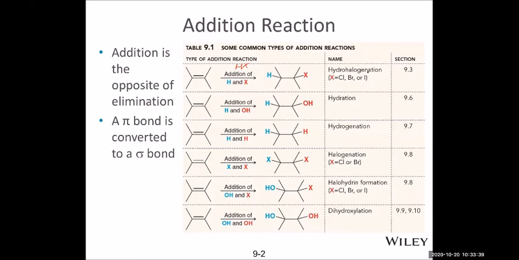This is very important, we call it hydrohalogenation. And then it can be adding water, H and OH. It's just simply hydration. And then adding hydrogen, it is a hydrogenation process.